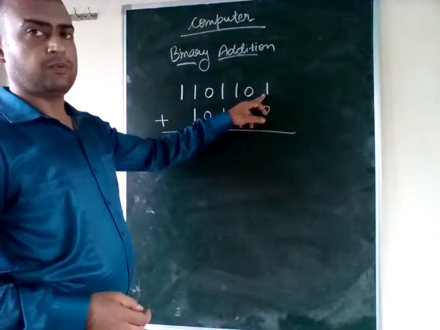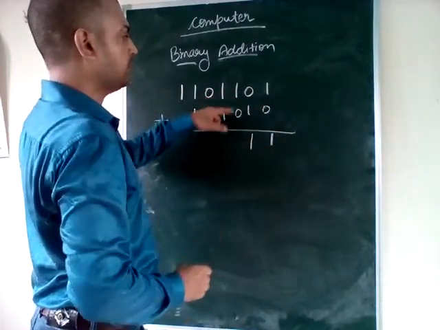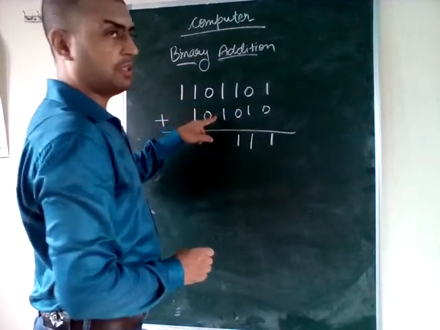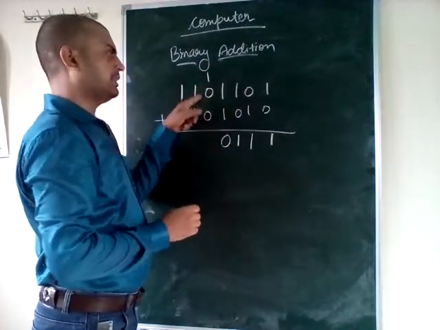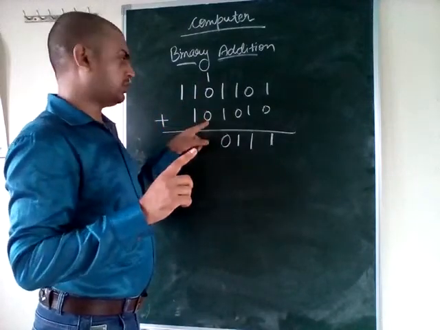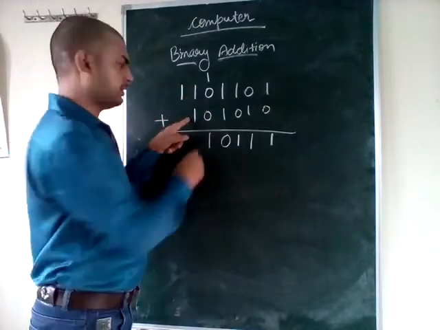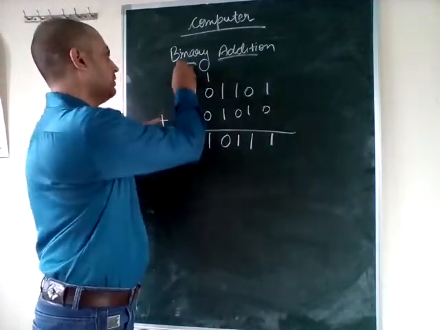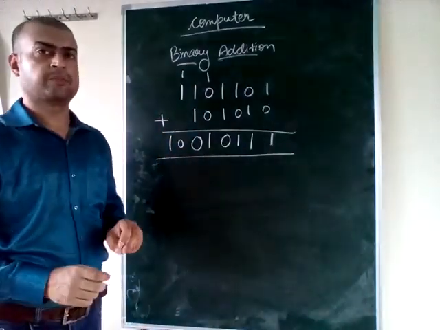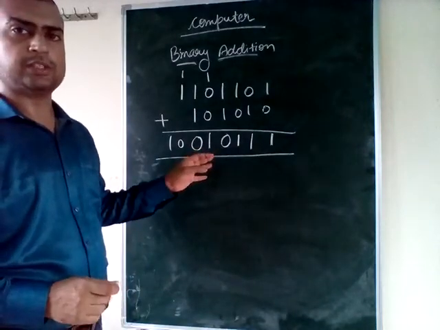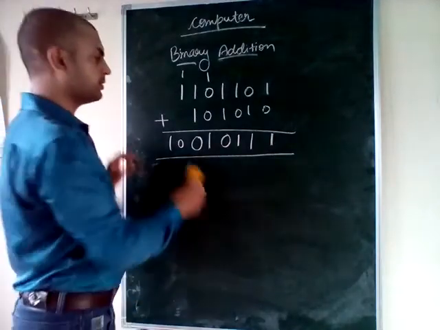In this question, 1 and 1 is 10. 10 means 0 and 1. Then 1 0 1 1 0 1. 1 and 1 is 10, means 0 and then 1. Note down this question. Now the next question.